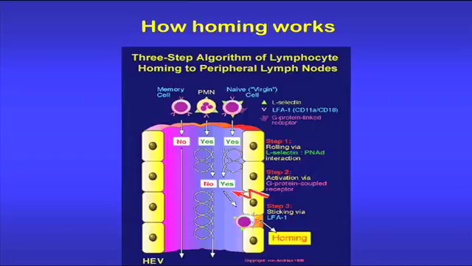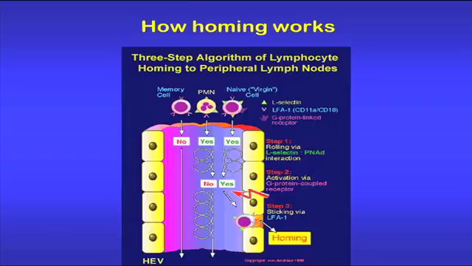In the middle, you see a PMN, a neutrophil, polymorphonuclear leukocyte, and that cell has one molecule on its surface, the selectin, that allows it to engage in rolling along the HEV endothelium. So it rolls along and it's looking for an activation signal, which would be the next step, but it doesn't find anything. So you see a yes for the rolling step and a no for the activation step, and so it just ends up rolling right out of the picture. It will never arrest.